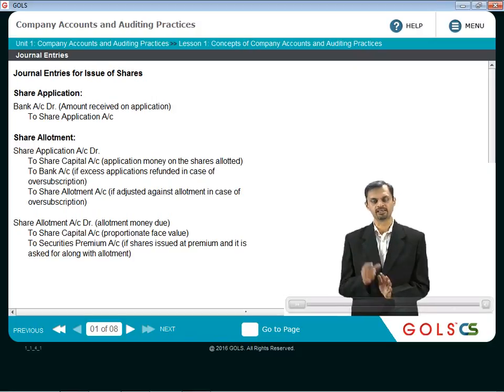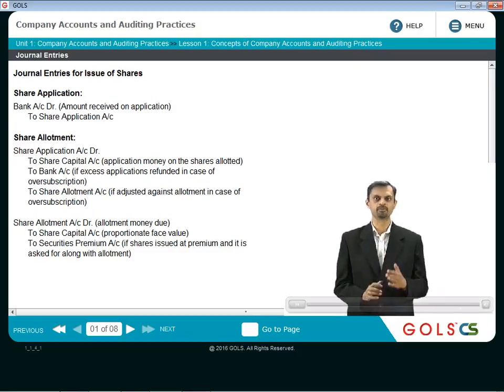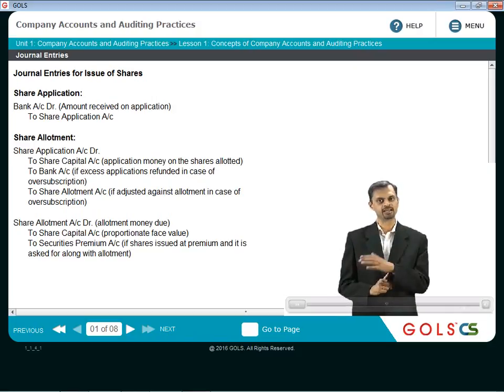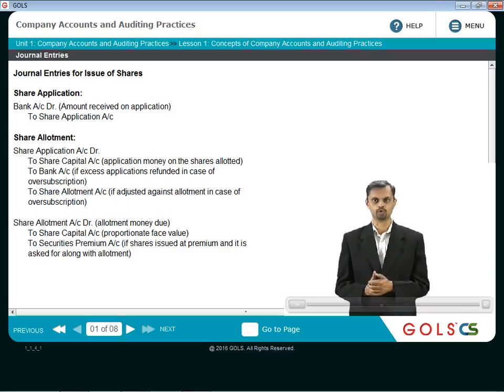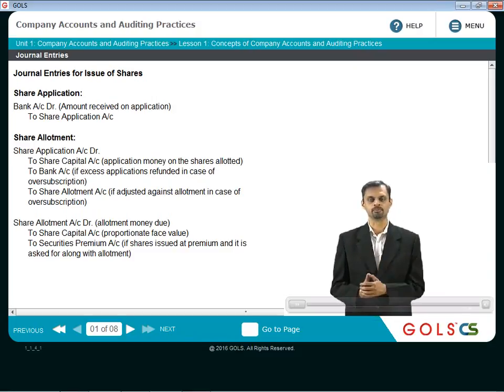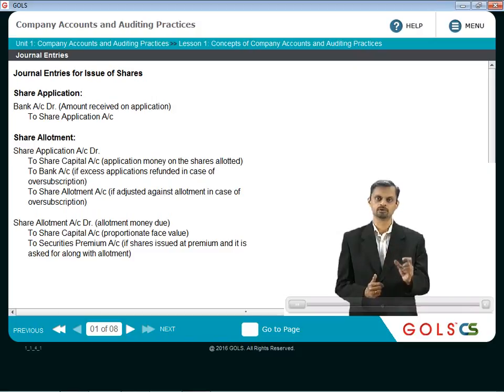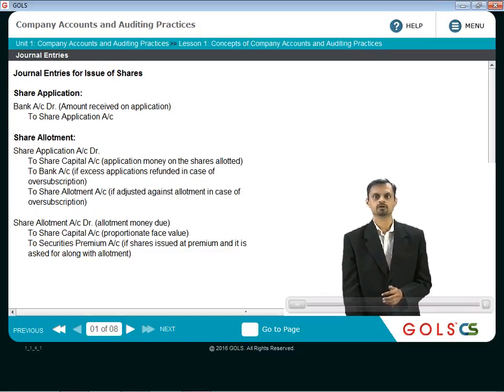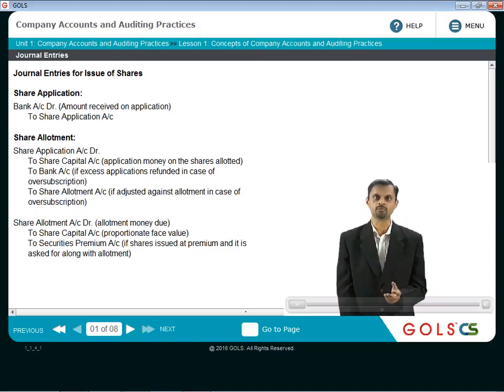That excess amount, the premium amount, will be credited to a separate account called securities premium account. So share allotment account debit to the extent of the money due on allotment, to share capital account to the extent of the face value portion of the allotment amount due, and to securities premium account to the extent of the premium due on allotment. So this was the entry for the allotment money becoming due.